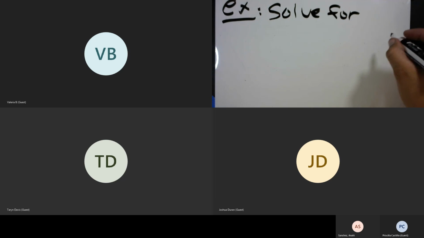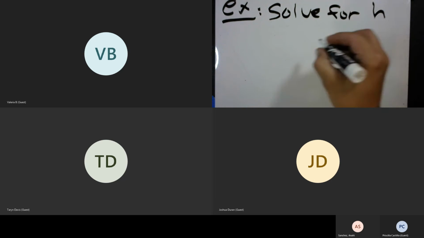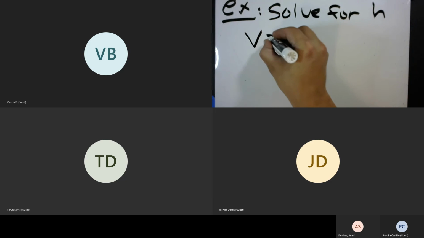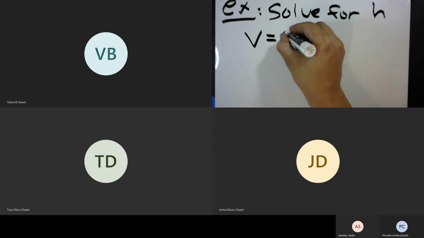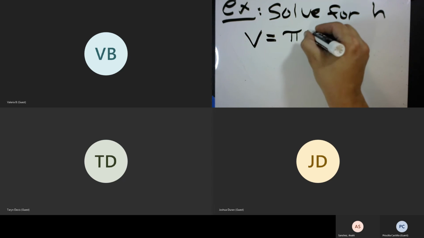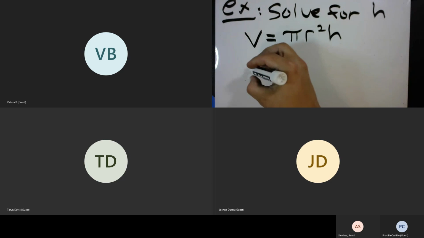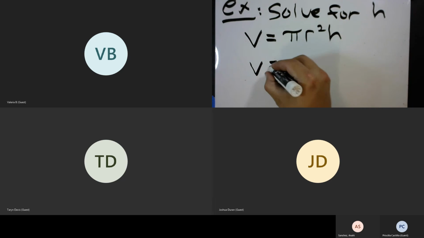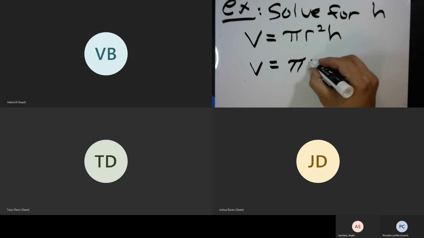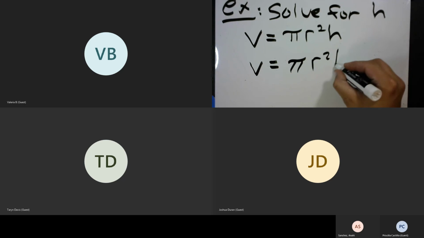Let's see, let's solve for H. Now for this one, it's a little trickier, because we have two things multiplied to h.